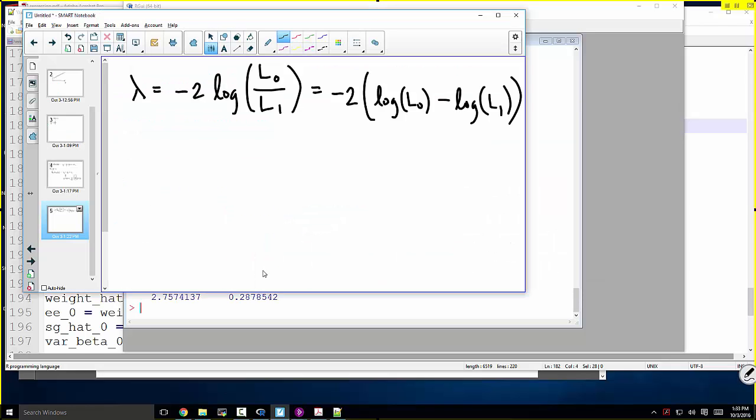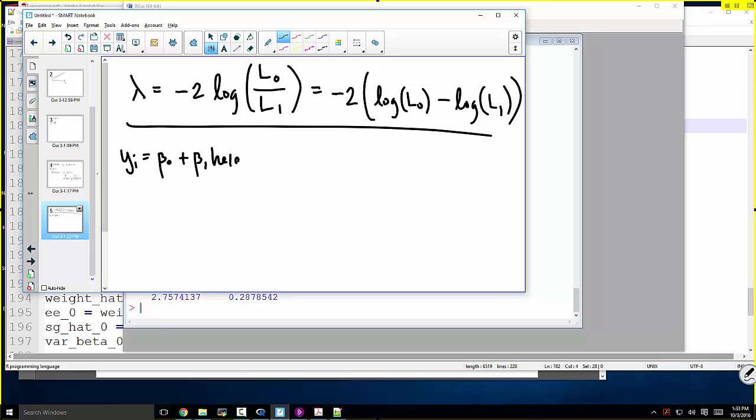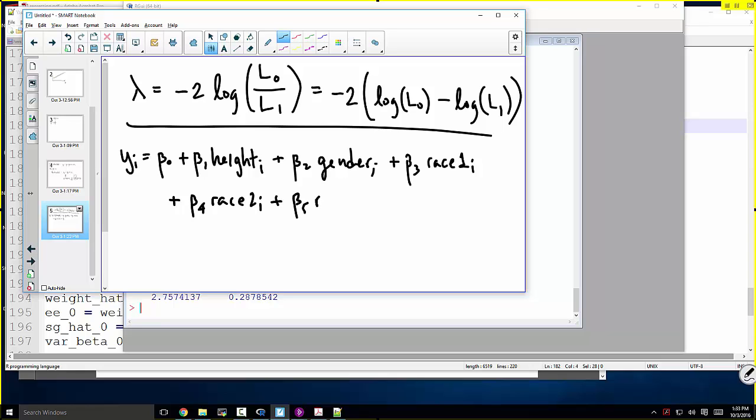Our model right now is y_i equals beta 0 plus beta 1 height plus beta 2 gender plus beta 3 race 1, beta 4 race 2, beta 5 race 3, and then the interaction, beta 6 height times gender.